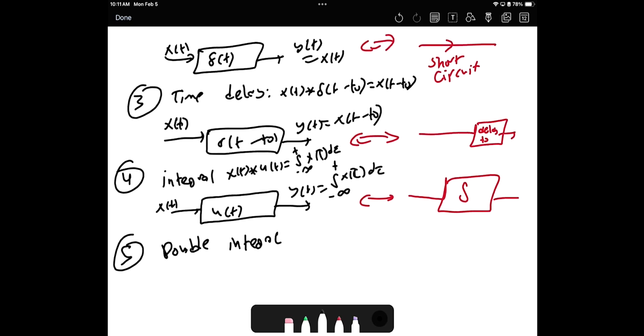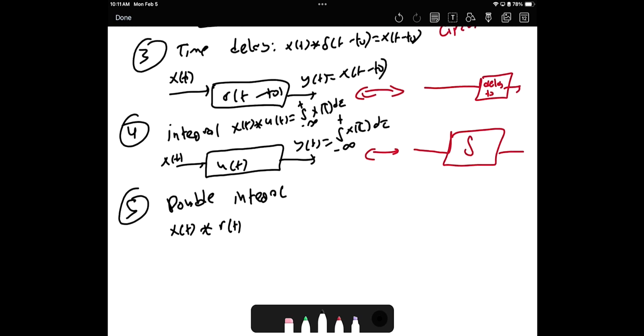Now the double integral means when we have r of t, so x of t convolved with r of t is actually equivalent to x of t convolved with u of t convolved with another u of t, which yields the double integral from negative infinity to t, negative infinity to t, of x of tau d tau.